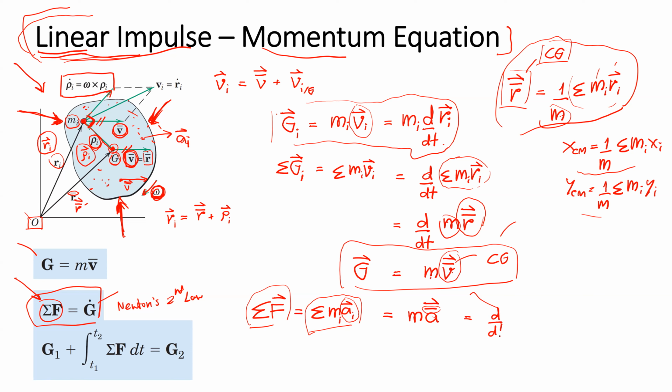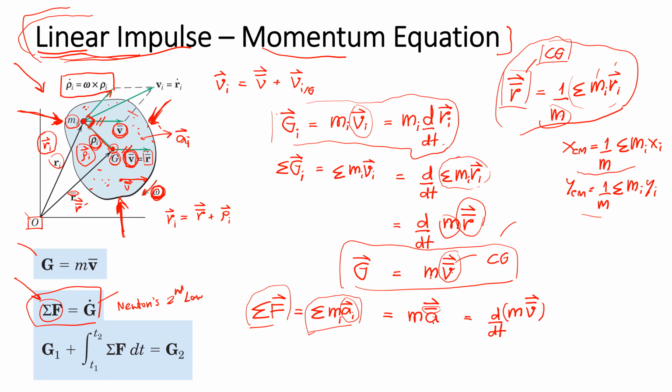We can write it as d by dt of m v bar. When mass is constant, d by dt of m v bar is equal to m a.